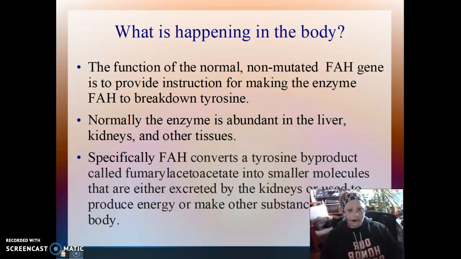FAH is going to convert a tyrosine byproduct called fumarylacetoacetate, which I mentioned earlier, into smaller molecules. Those smaller molecules will be excreted by the kidneys, used to produce energy in the Krebs cycle, or used to make other substances in the body. So it's very important that this tyrosine gets broken down and is used appropriately.